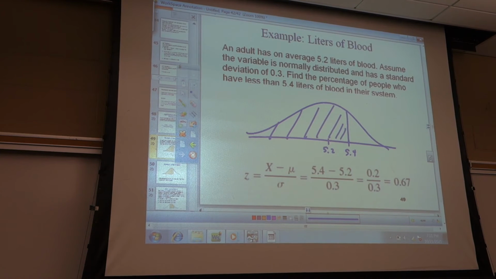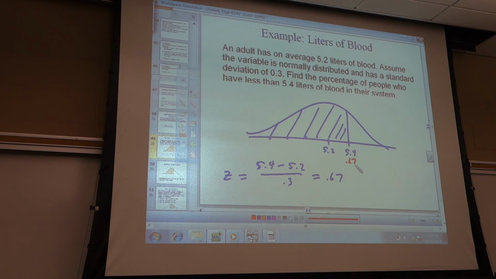So first, I need to convert 5.4 to a z-score. My z-score is going to be 5.4, the number I care about, minus the mean, divided by the standard deviation. And I'll get 0.67. So then I'm going to have a row below that where I have my z-scores, 0.67.